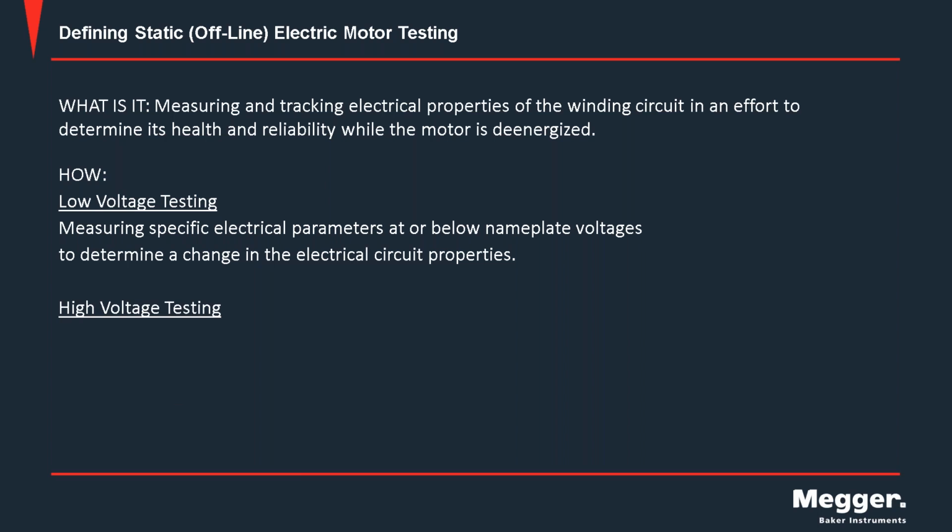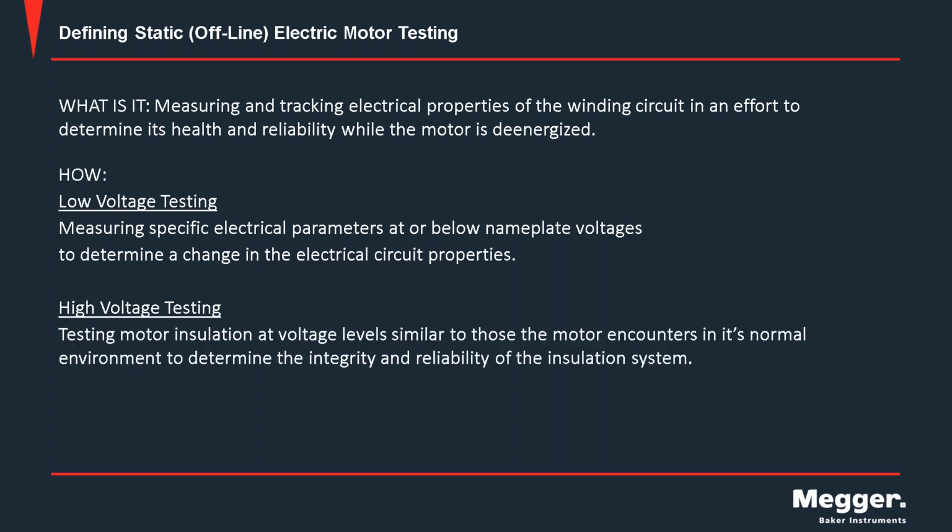And then we have high voltage testing, where we're evaluating the insulation's ability to withstand those high voltage surges that it's seeing over its life. So that's testing motor insulation at voltage levels similar to those the motor encounters in its normal environment to determine the integrity and reliability of the insulation system. And that helps us define the insulation condition with respect to end of life, right?